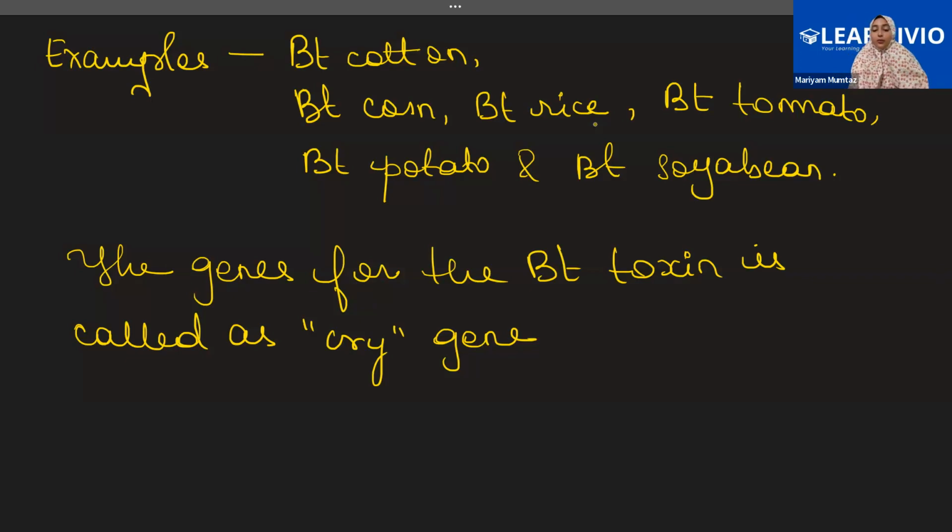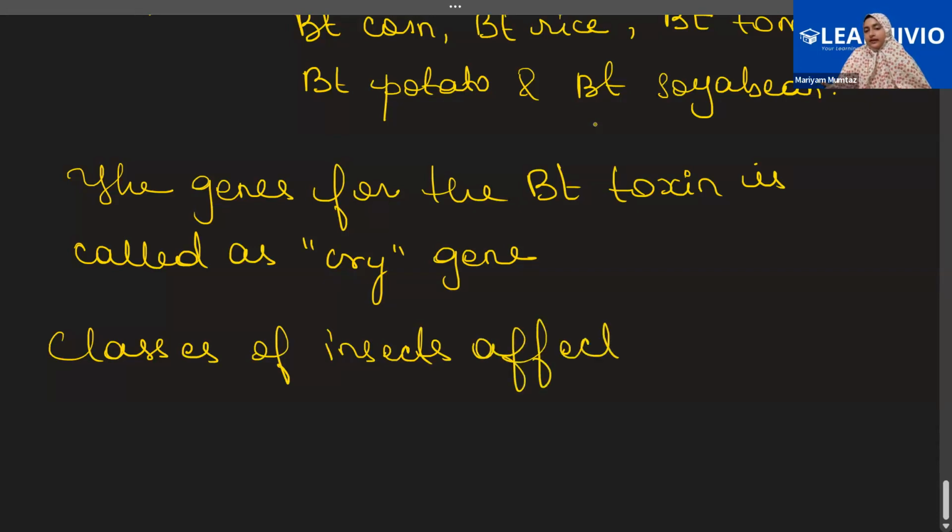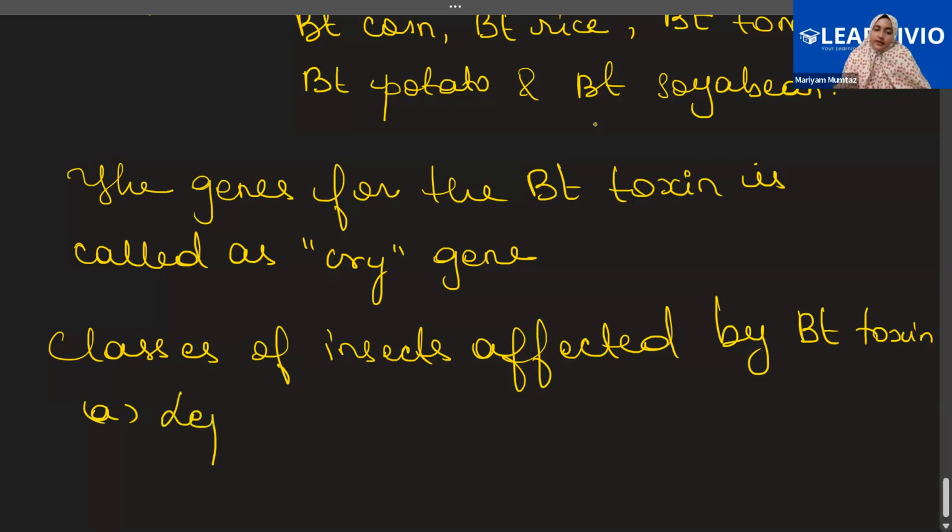Now talking about which classes of insects the Bt toxin is effective for, meaning if an insect eats the plant, will it be affected by it or not? There are three classes. The first class that gets affected by it is Lepidopterans.